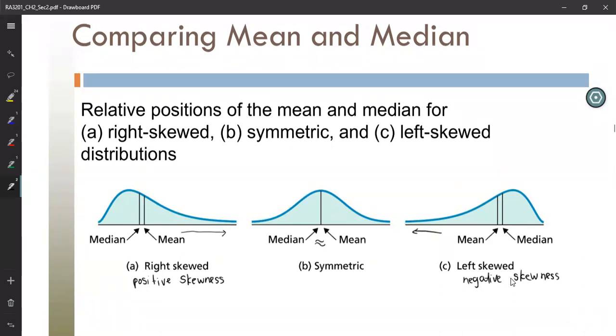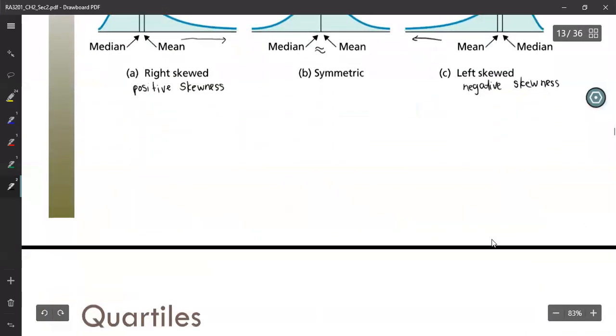So in positively skewed distributions the mean will be larger, and in negatively skewed distributions the mean will be smaller compared to the median. By this information you can also get an idea about the shape of the distribution. If you do not have a histogram drawn for your data set, by looking at the mean and the median, you can get a slight idea whether it is symmetric or skewed.